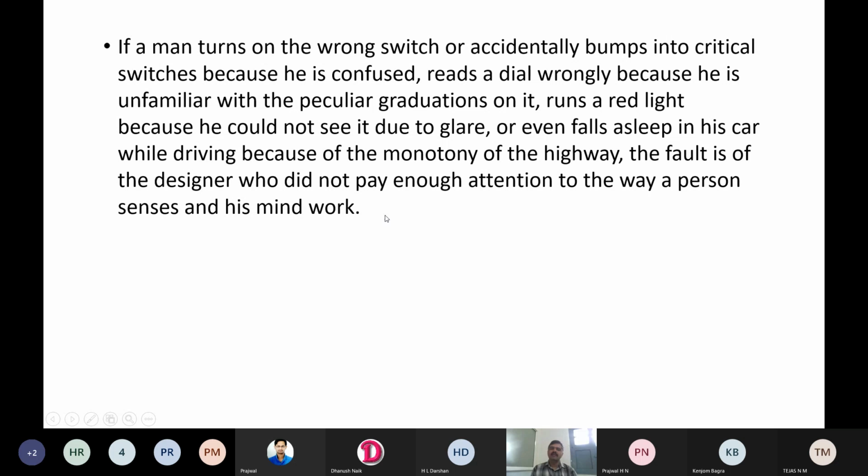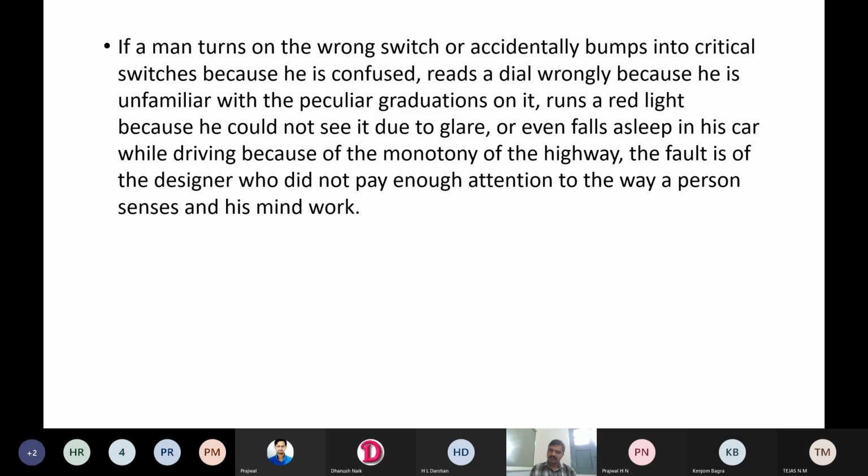You have to design a system such that it is user friendly, where the chance for miscommunication and misinterpretation is very less, or almost nil. Because of this reason people may lose their life.